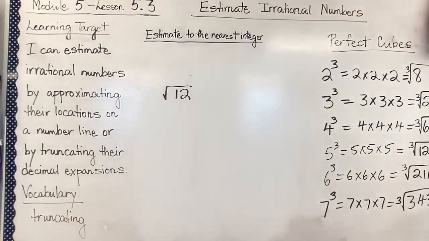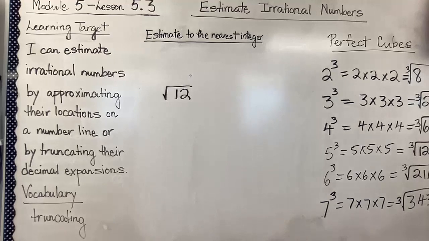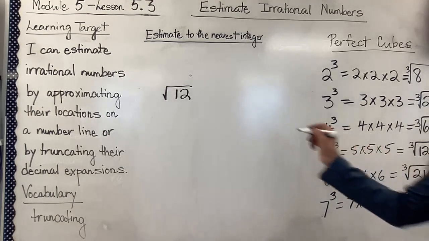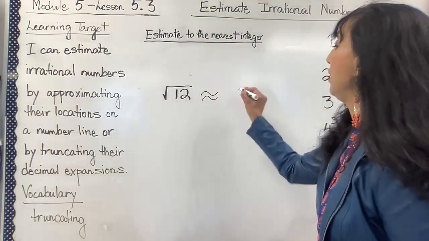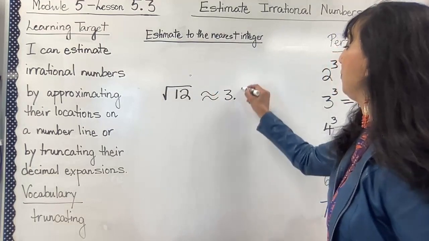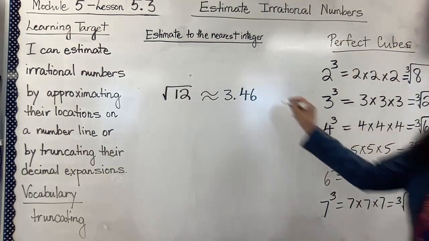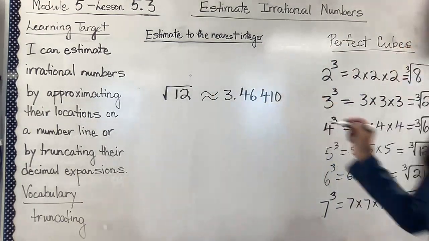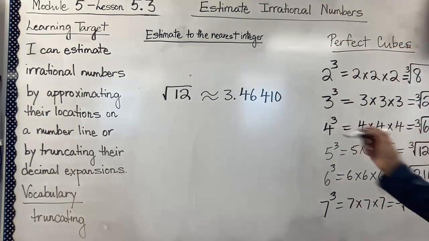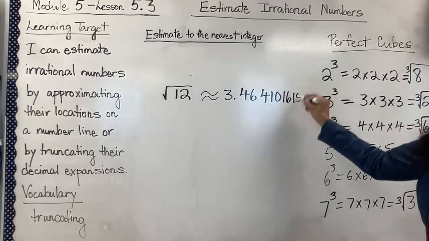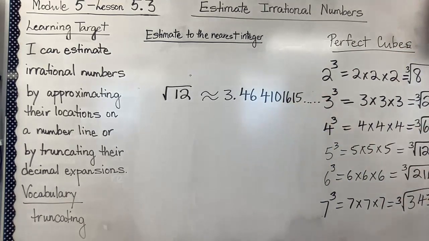If I had the square root of 12 and I used a calculator to find this, I would get approximately 3.4641615, and so on.